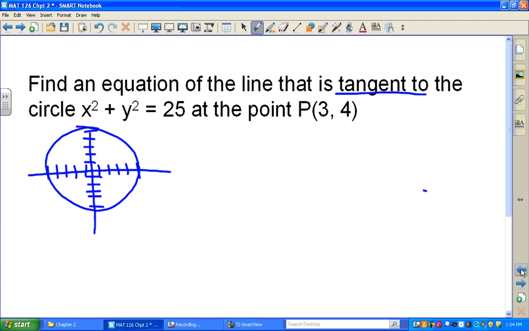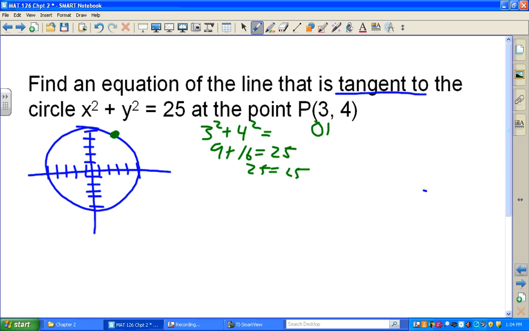It's on, I believe, isn't it? What is 3 squared? 9. 4 squared? If it's equal to 25, that means it's on the graph. 3, 4. So it is on the graph.